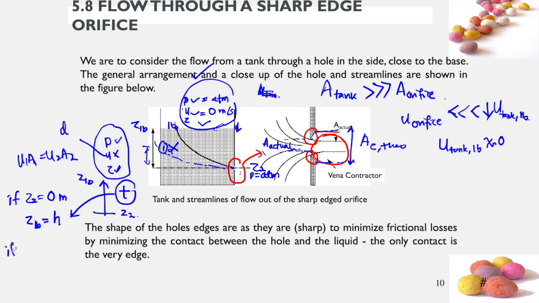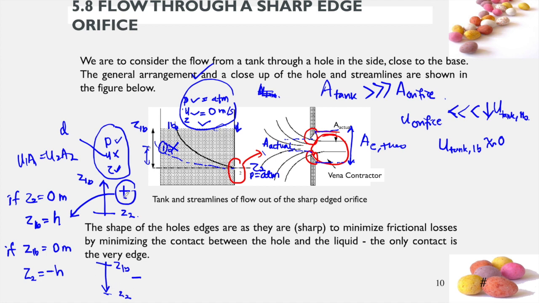Let's say you choose Z1B as your datum, so I will zero the point at Z1B. Then point 2 is Z2. If point 2 is below, you will substitute a negative value to Z2. Therefore your Z2 is negative h.